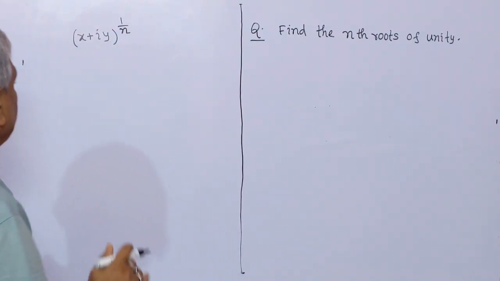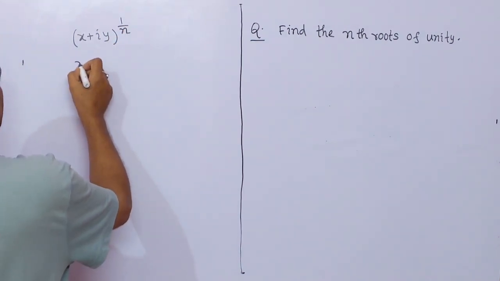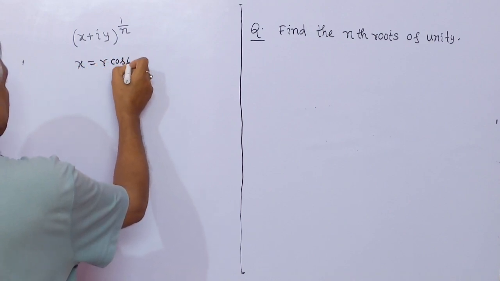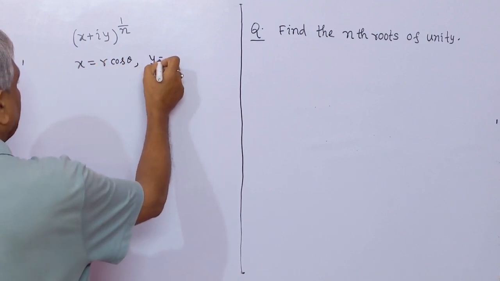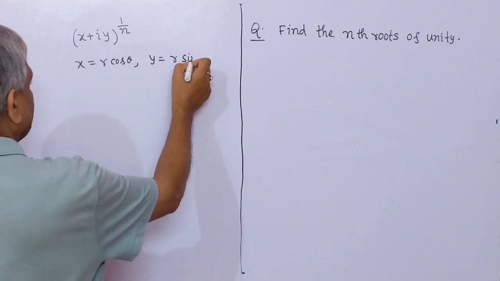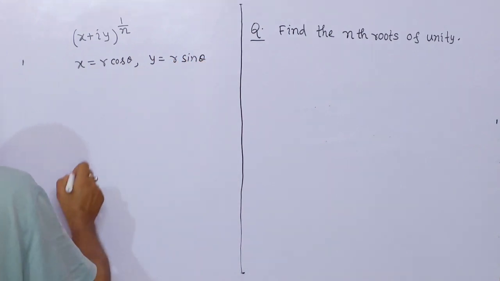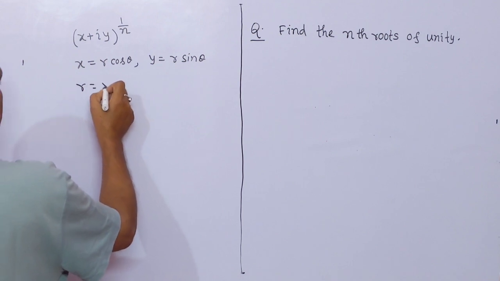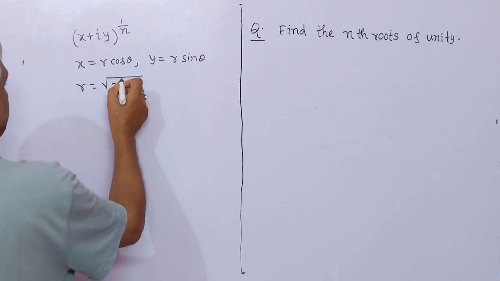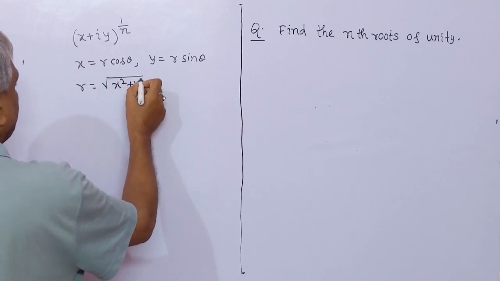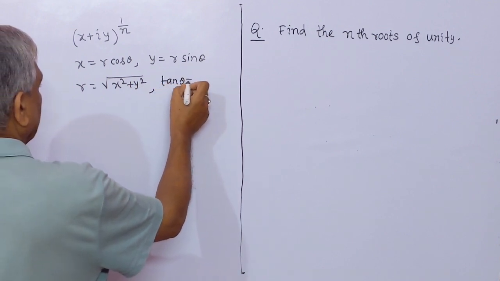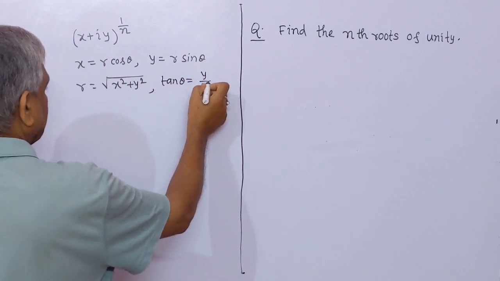So firstly we write x equal to r cos theta, y equal to r sin theta. Then find r equal to square root of x square plus y square, tan theta equal to y by x.